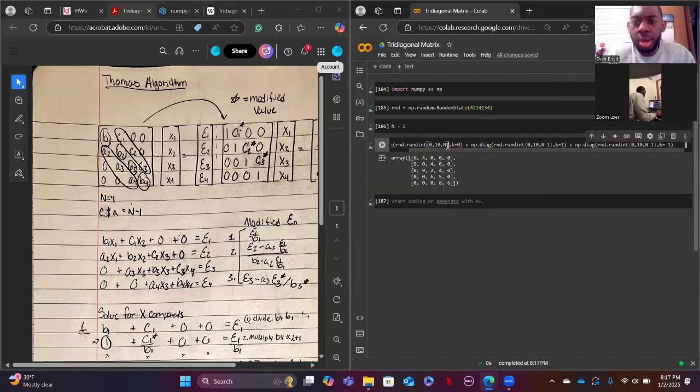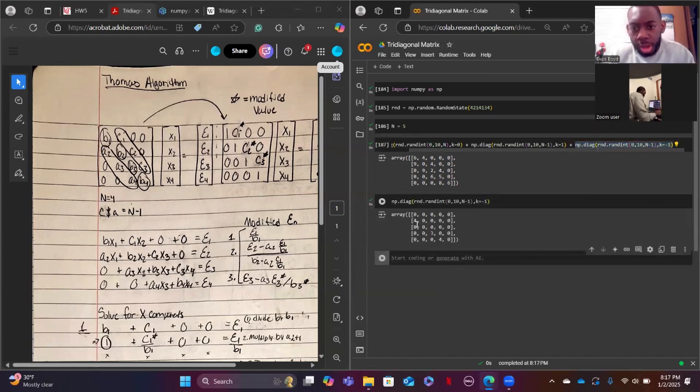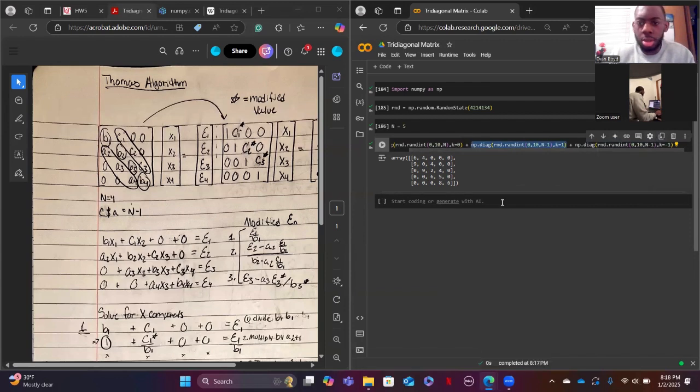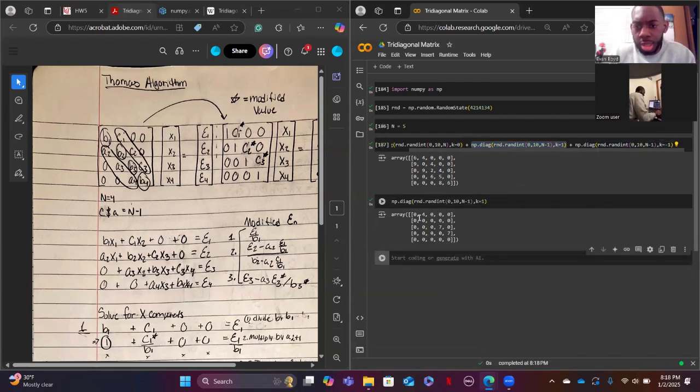For our B column, let's copy and paste this. I think it may be this one. Yeah, for this column, that's correct. Oh, is it our seed? Maybe our seed. This one captured our A's, this captured our C's, and then does this capture our B's?